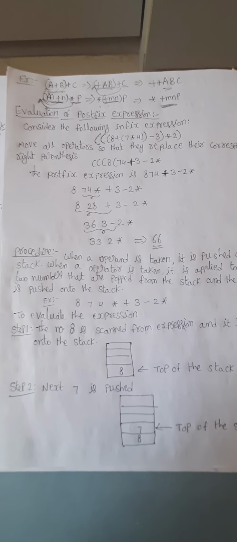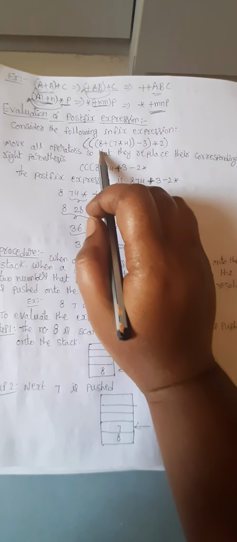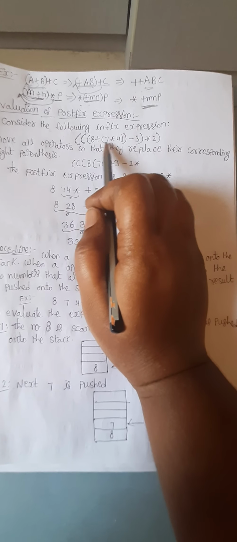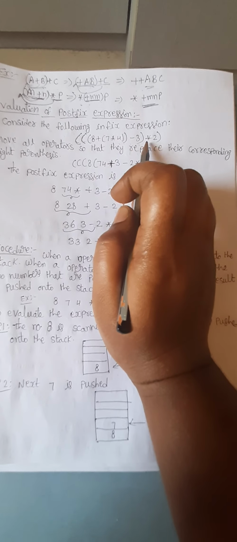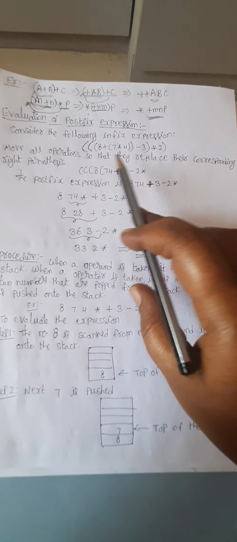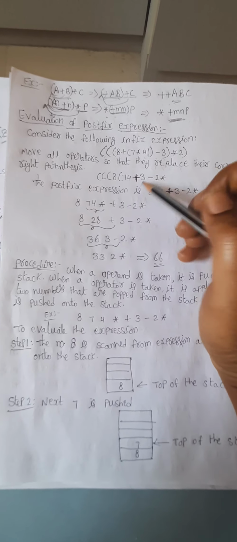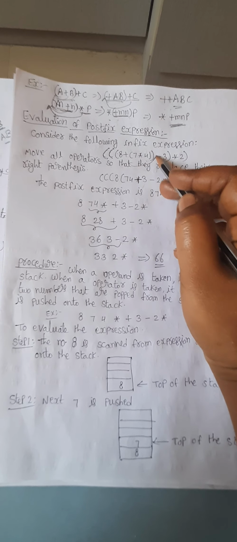Just see this infix expression. Here the infix expression I have taken is 8 plus 7 into 4 minus 3 into 2. Here we have to move all the operators to the right. First, plus has to be moved here.